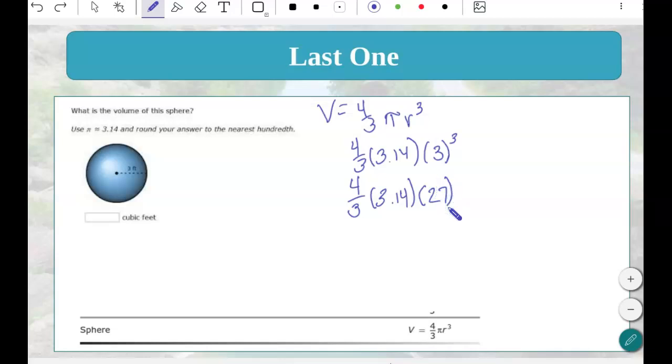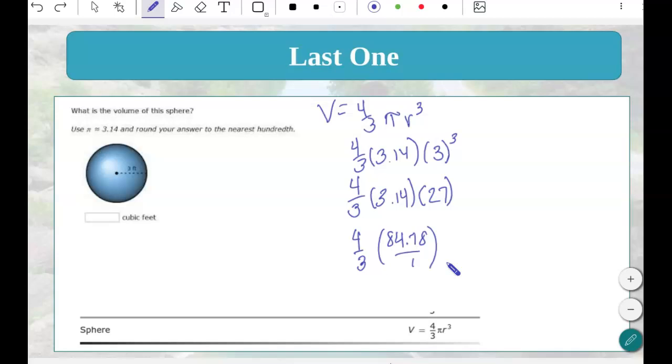Go ahead and multiply that by 3.14. It comes out to 84.78. We still have to do the 4/3. So multiply by 4, divide by 3.